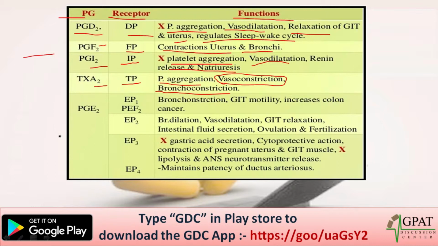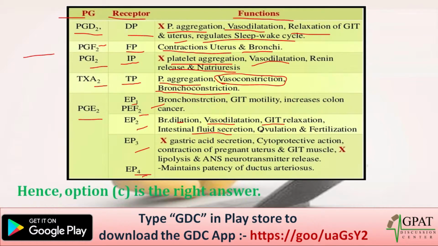And talking about PGE2, the receptors are EP1, EP2, EP3, and EP4, and they have functions like bronchoconstriction, GIT motility, increased colon cancer, bronchodilation, vasodilation, GIT relaxation, intestinal fluid secretion, and many more. So this is all about this question. Moving on to the next question. So the correct answer is C.